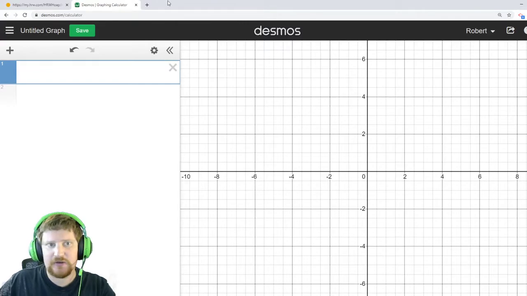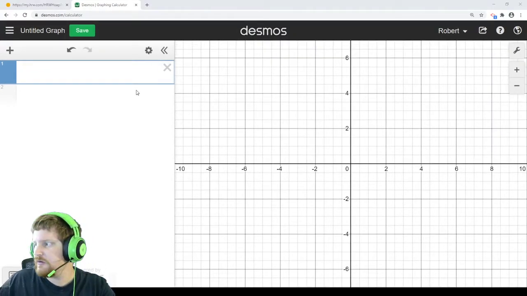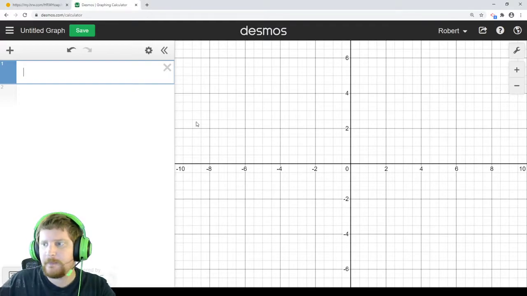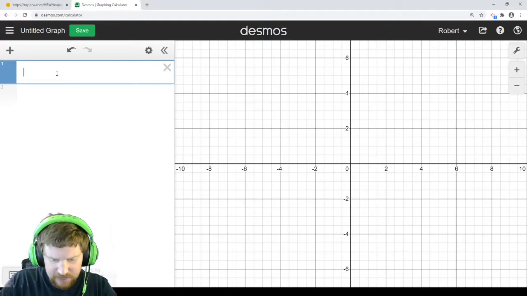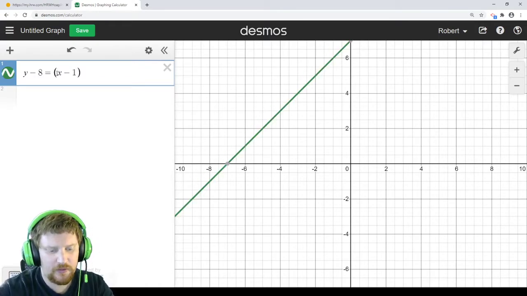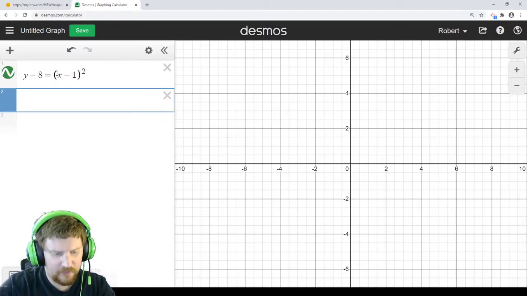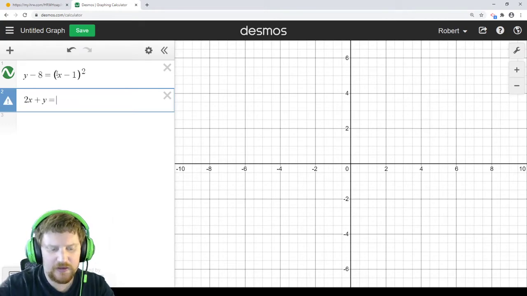And I'm actually going to move this over here. So this problem gives us y minus 8 equals x minus 1 squared. And we have 2x plus y equals 10.